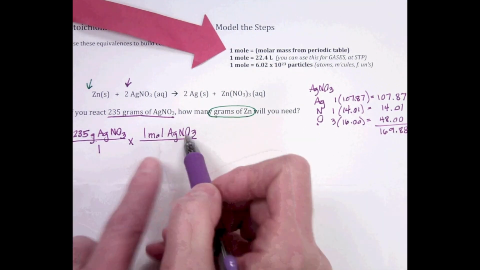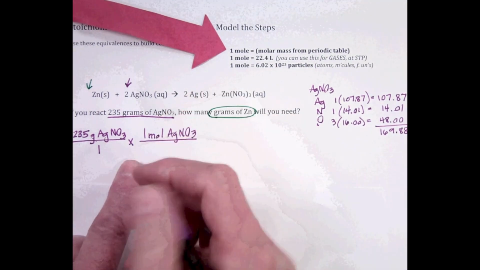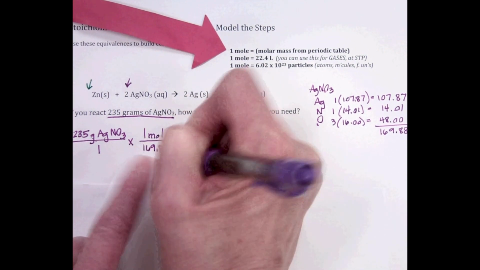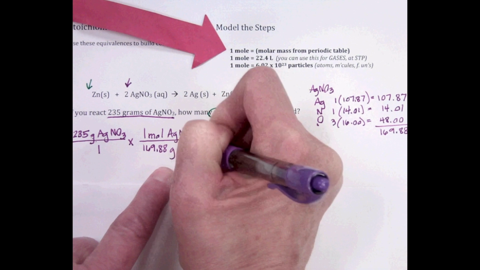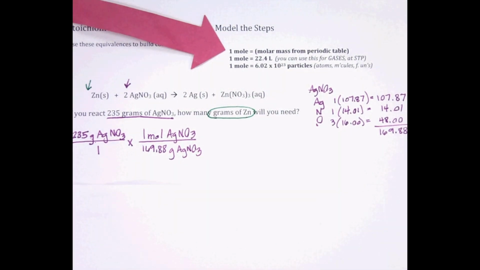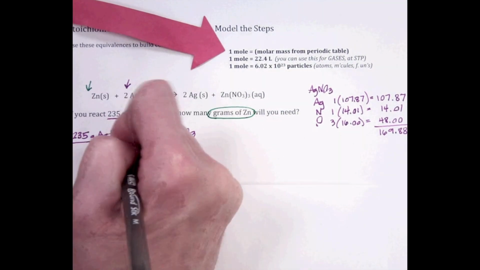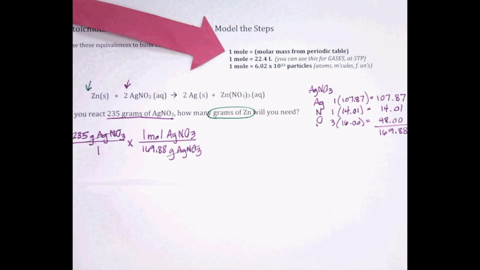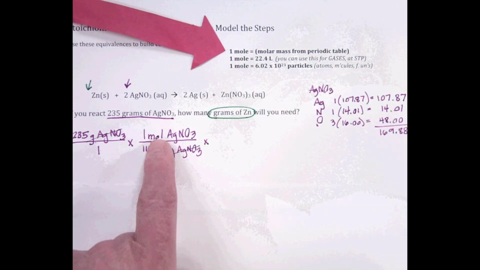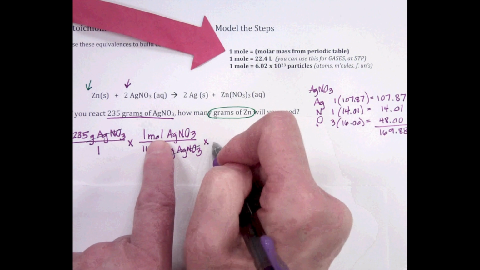So 1 mole of silver nitrate weighs 169.88 grams of silver nitrate. Grams of silver nitrate divide out. Now I have in my numerator moles of silver nitrate. Once I've worked my way to moles of the substance, I am ready to do the stoichiometry step.